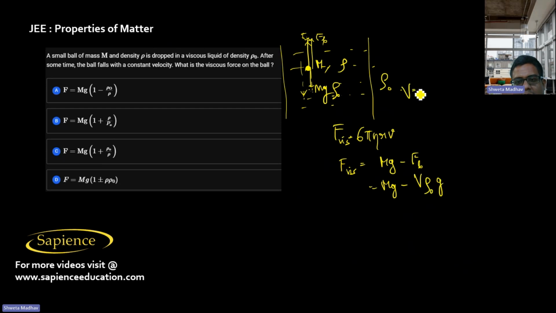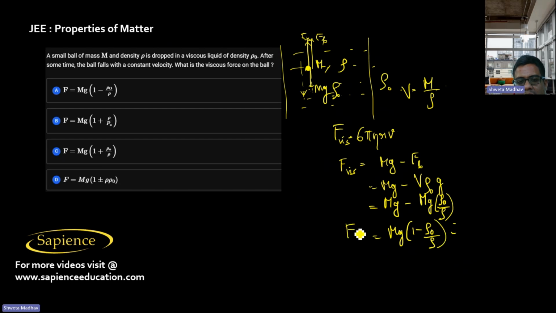Now v will be equal to mass by density. This is mg minus mg into rho naught by rho, which is mg into 1 minus rho naught by rho. So this is the required viscous force, mg into 1 minus rho naught by rho. So option A is the correct answer.